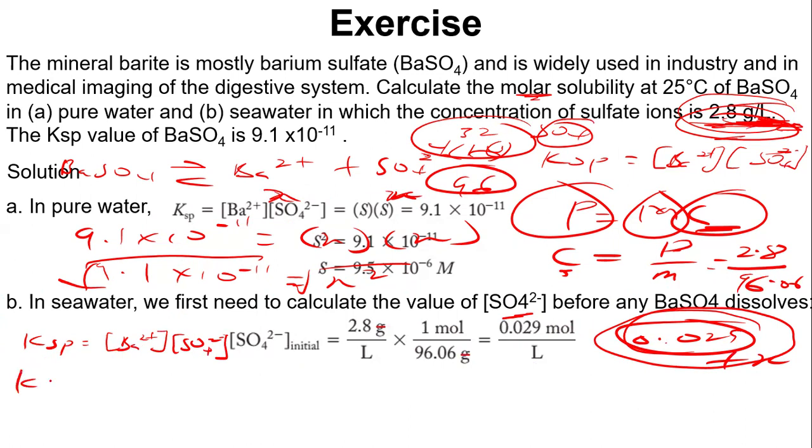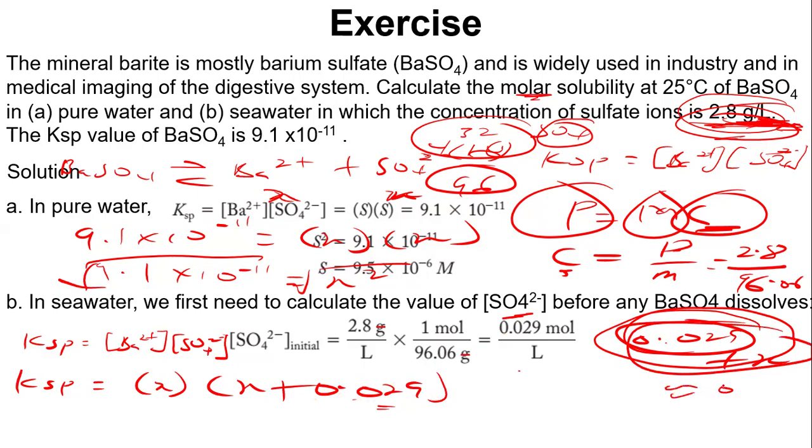So if I'm using my Ksp, it is equal to barium, which is x, and then the sulfate, which is now x plus 0.029. The 0.029 is coming from the seawater. Now, just as we made the assumption in the first place, the x is very small compared to the 0.029. So approximately, x plus 0.029 will be approximately equal to 0.029. So we just ignore the x.